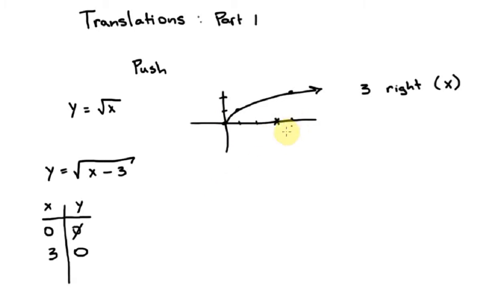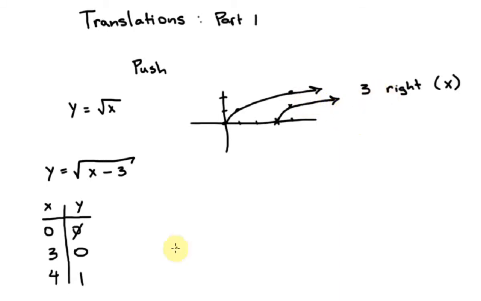If that is true, then if I plug in 4, it should be 1 over and up 1. Let's see. 4 minus 3 is 1, and the square root of 1 is 1. So yeah, there's 4 and it's up 1. So there's my graph, more or less. And it does look, in fact, like it has been moved 3 to the right.